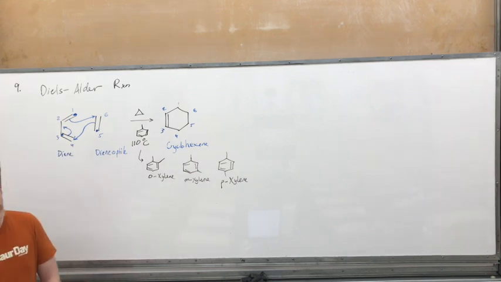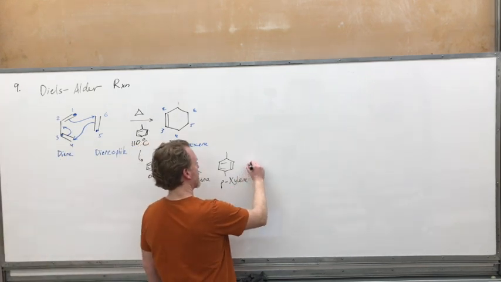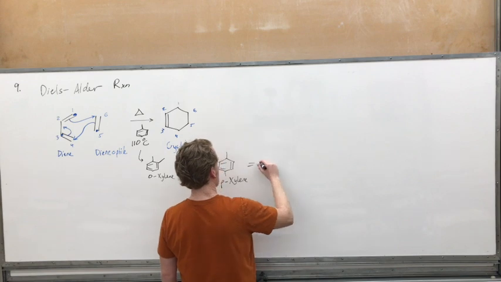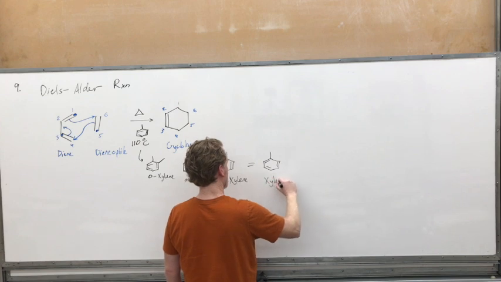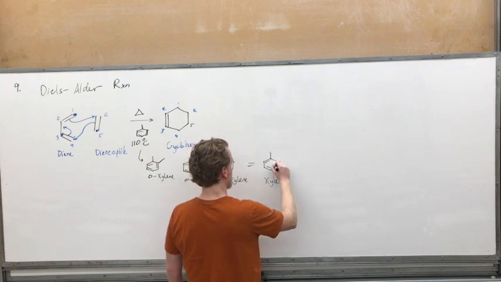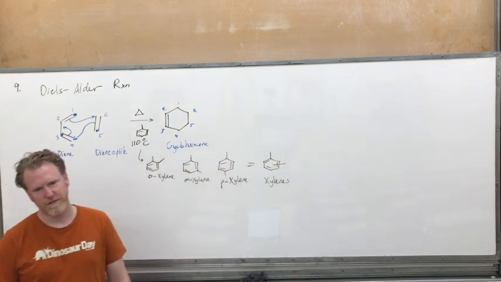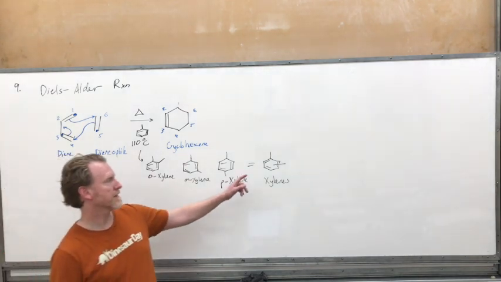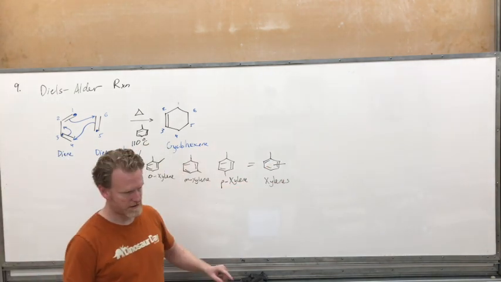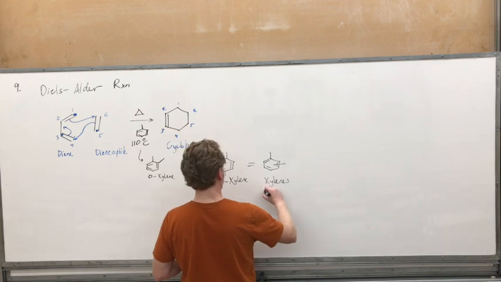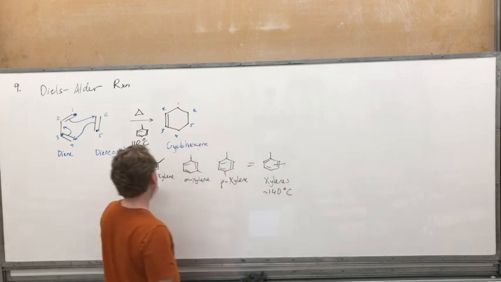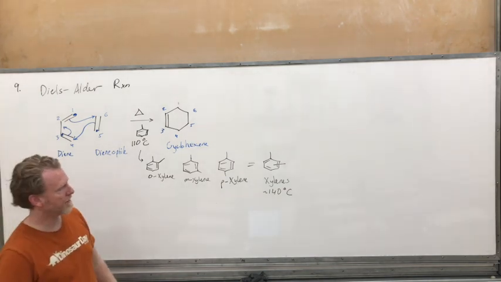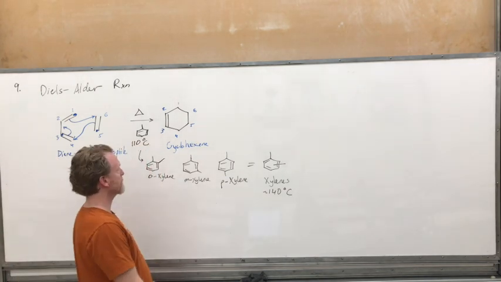Usually you'll buy a mixture of all three, and we refer to the mix as xylenes, and I like to draw it with just the methyl off the middle, saying it's a mixture of ortho, meta, para. This one's boiling point is about 140. So if 110 is not hot enough, you can heat it up higher, 140, to get things to react.